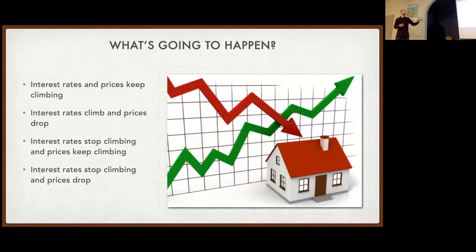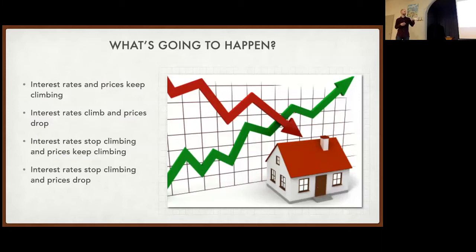We could see interest rates climb and prices drop. We haven't really seen prices drop yet, but obviously we've seen the interest rates creating a bit more of a stagnant market. So that's a possibility. We could see interest rates stop climbing and prices keep climbing. One of the concerns about interest rates increasing is it slows the economy down. So if you jack up interest rates too much and they start a little bit of a recession, they're going to panic.